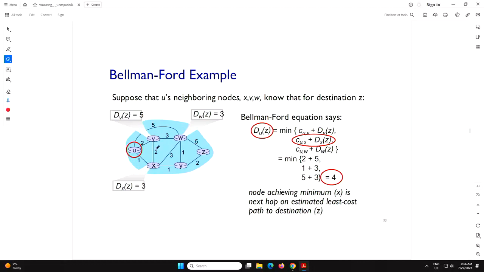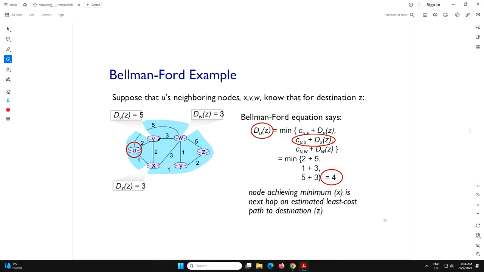So you start with your neighbors and see if a neighbor has an estimate to a particular destination. All you have to do is get to this neighbor and then add the neighbor's estimate. To get to this neighbor, you know the cost. So you add that cost to the estimate that this neighbor is telling you to reach another destination. And that's your current estimate.